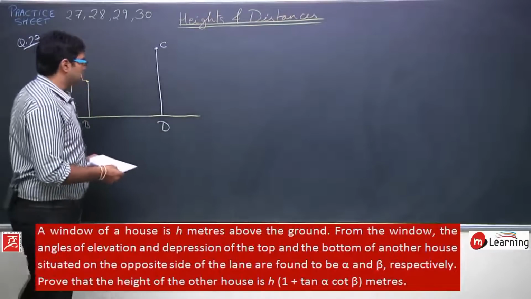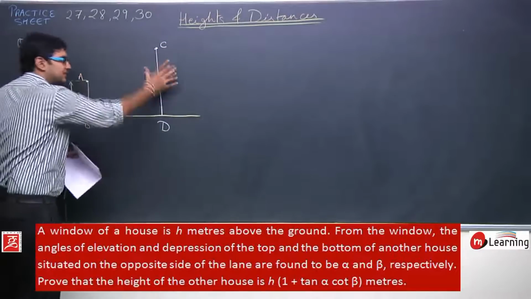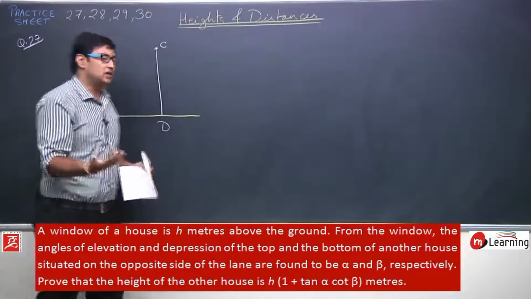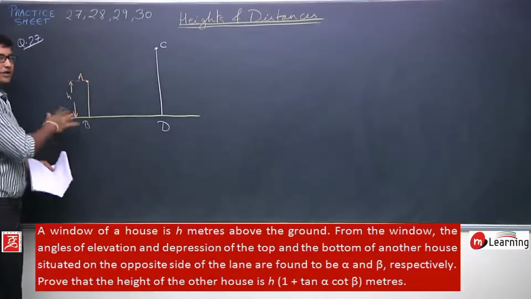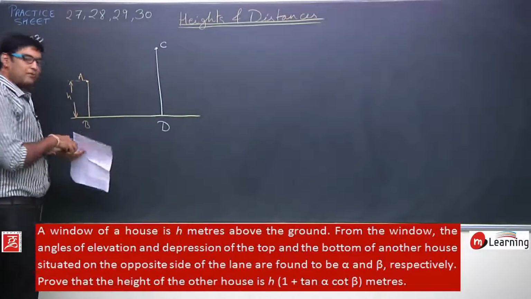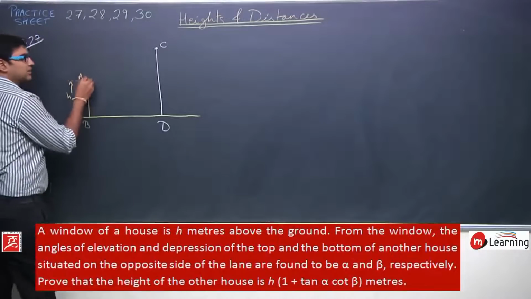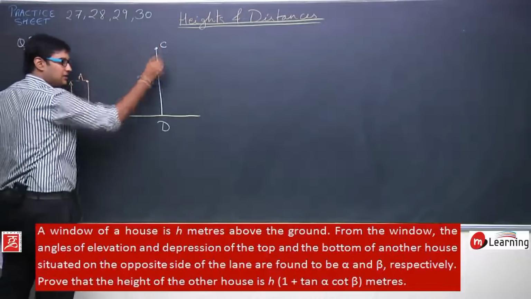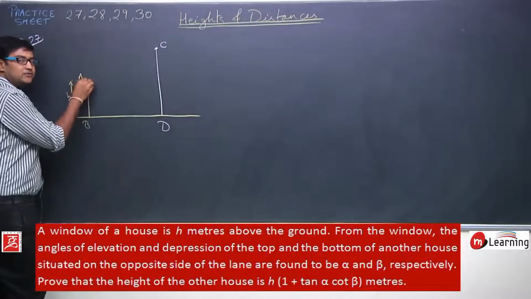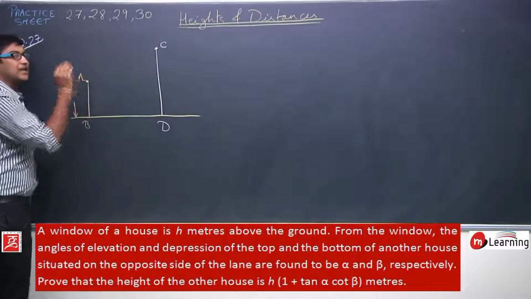So practically I have assumed that CD represents the other house, which is situated opposite to our first given house, the reference house. And I am observing the top and the bottom of this house from this window, from this point A.